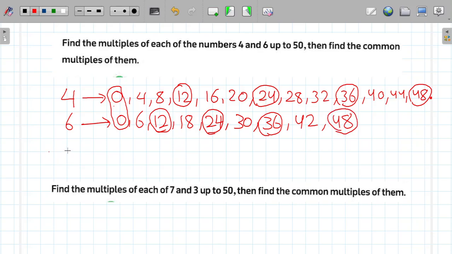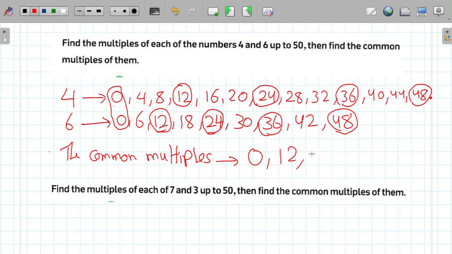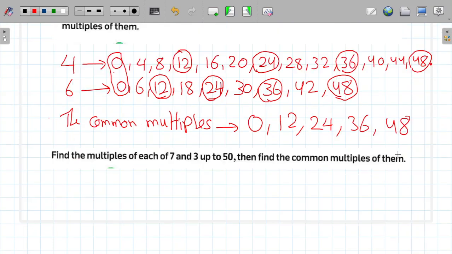Okay, so I can say that the common multiples are 0, 12, 24, 36, and 48.